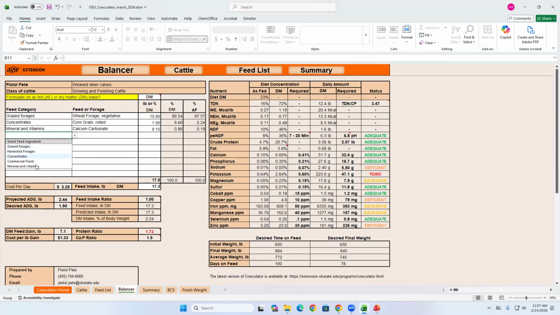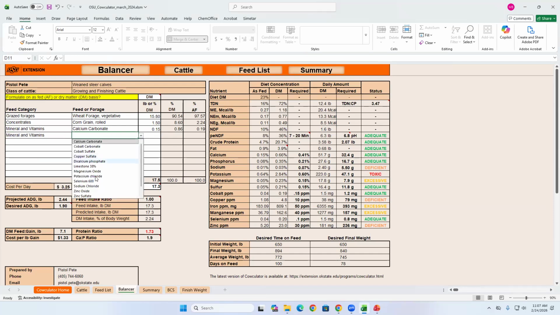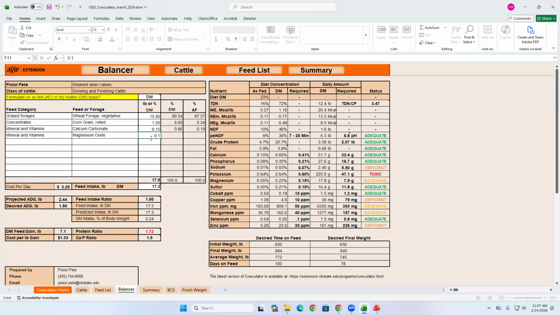I know we're going to have to add magnesium, so I'm going to add some magnesium here, and that can be done through magnesium oxide. It says toxic, but we have to get that high to make sure potassium to Ca plus Mg is below 2.2. We'll check that in just a second.